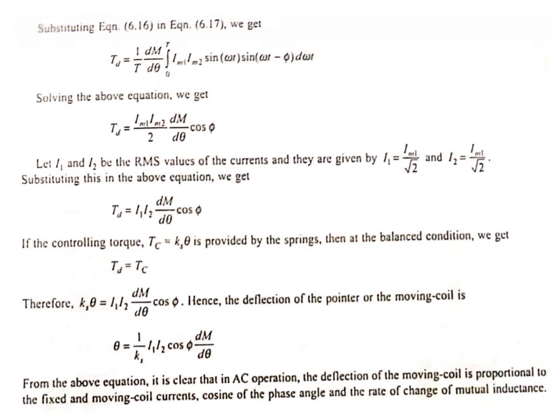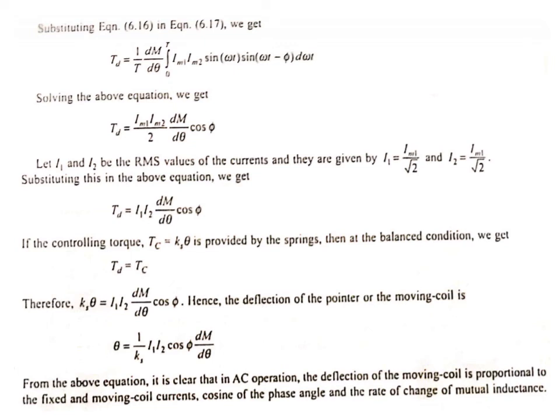Substituting these values in the above equation, we get Td = (Im1 Im2 / 2) dM/dθ cos φ. Taking the RMS values, which are the maximum values divided by root 2, that is Im1/√2 and Im2/√2, finally we get Td = I1 I2 dM/dθ cos φ.